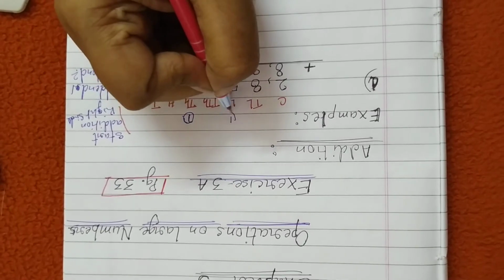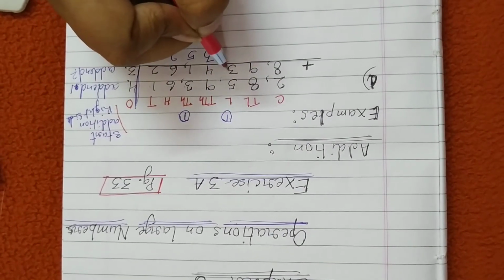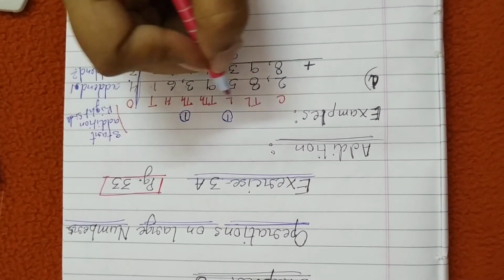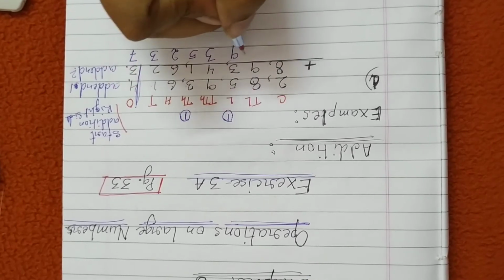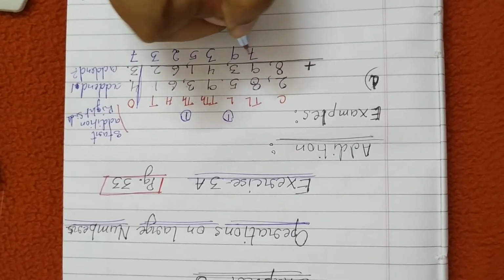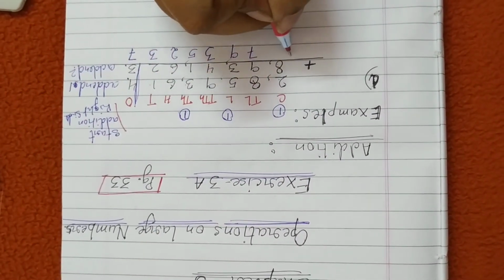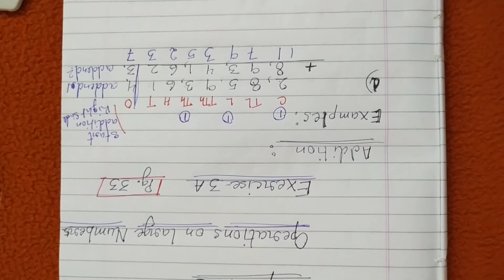Carry 1 to the lakhs place. Now add the lakhs column. 5 plus 3, 8. Carry 1, 9. Now add the 10 lakhs column. 8 plus 9, 17. Carry 1. 8 plus 2, 10 and 1, 11. So how are we going to write our answer?